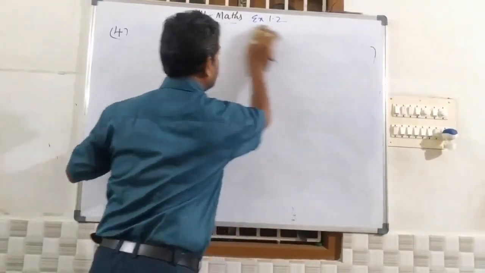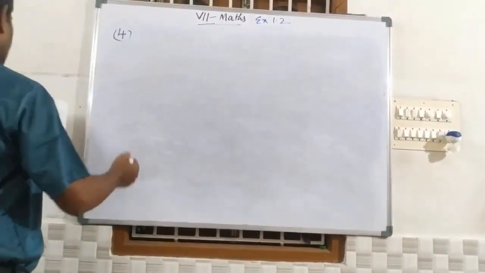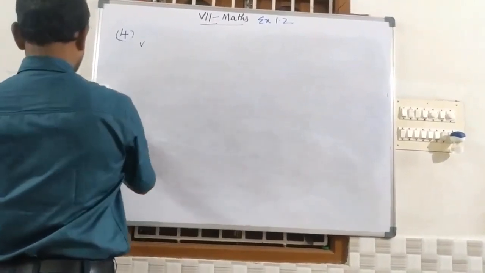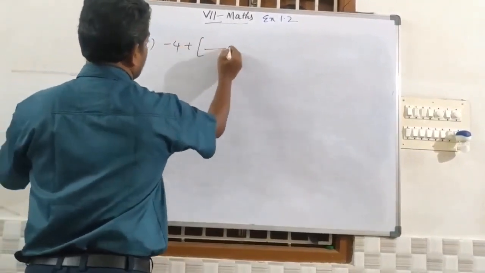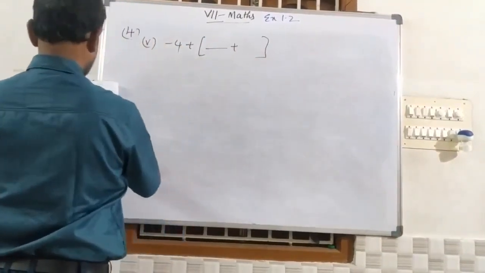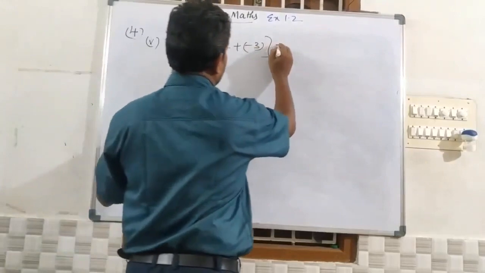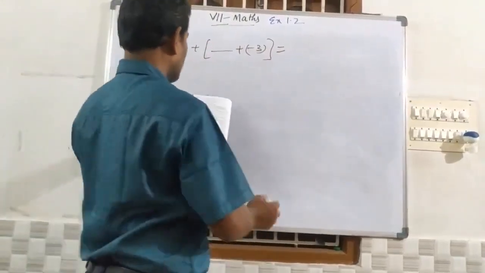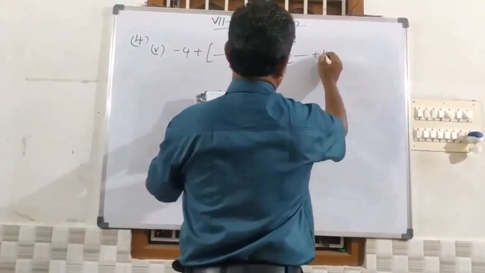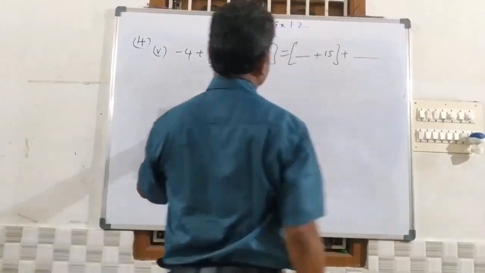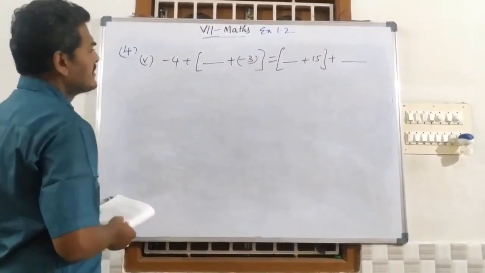The last sum is the fourth Roman, the fifth sum: minus 4 plus dash plus minus 3 equals dash plus 15 plus dash. Similarly to what we wrote in the fourth sum, it is also there.